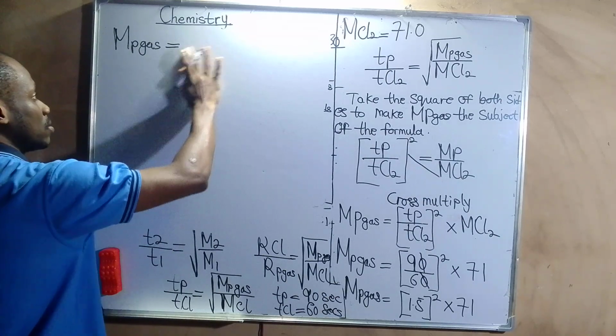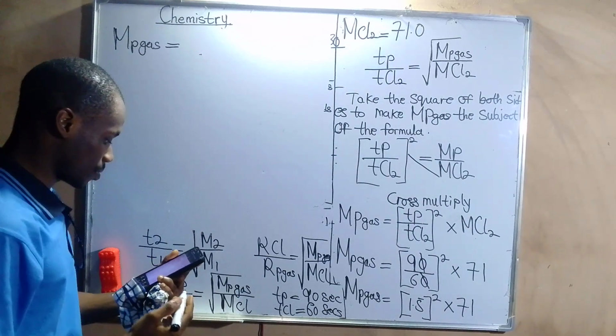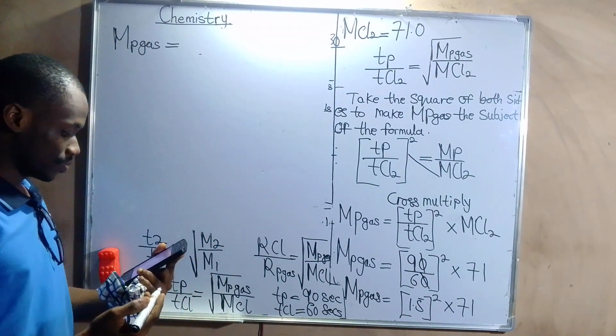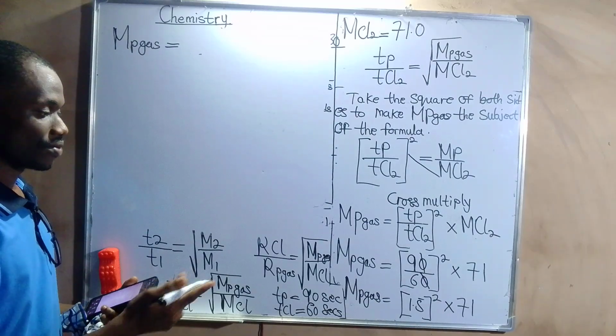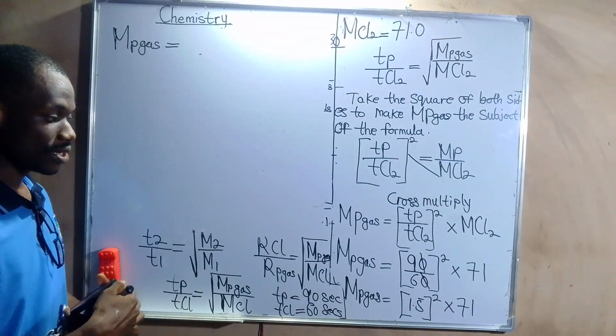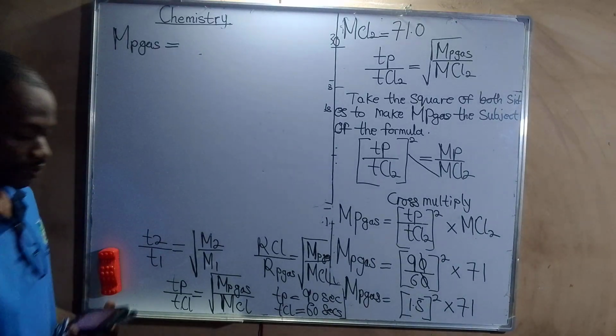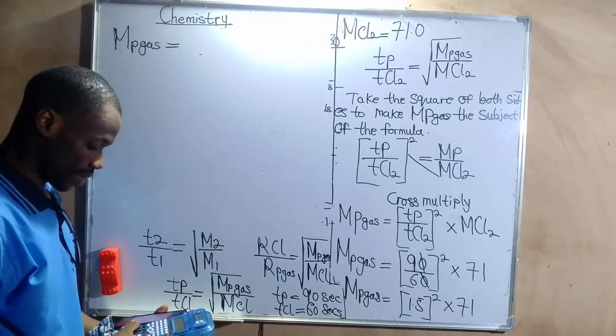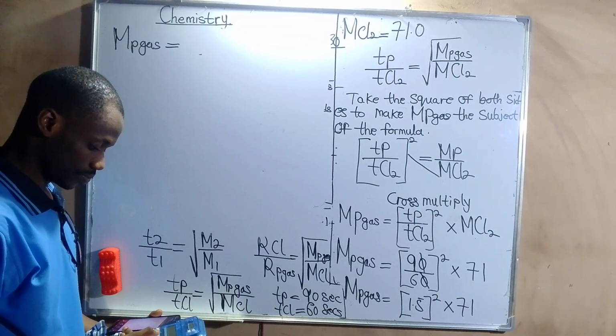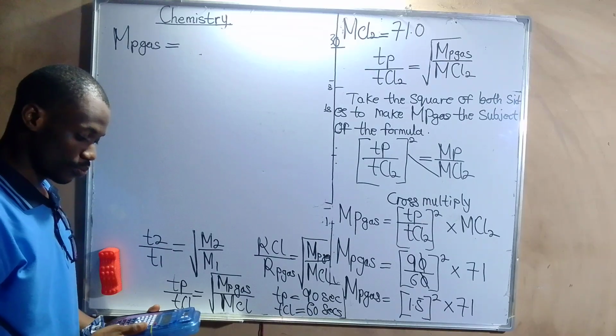If you do 1.5 squared with a calculator, it gives 2.25.